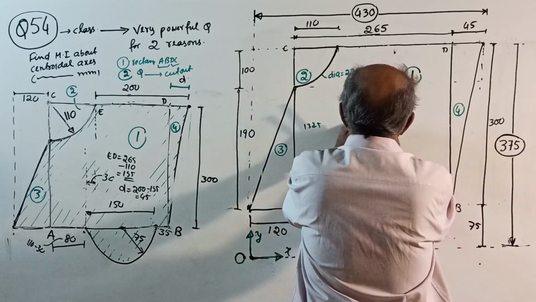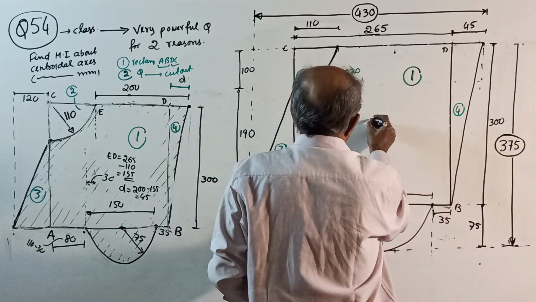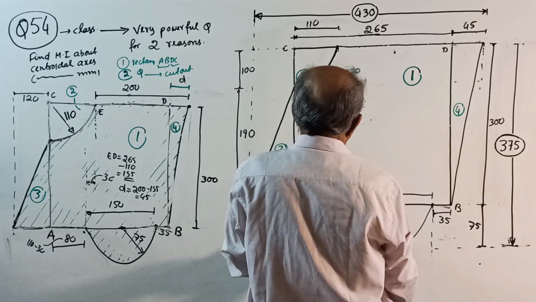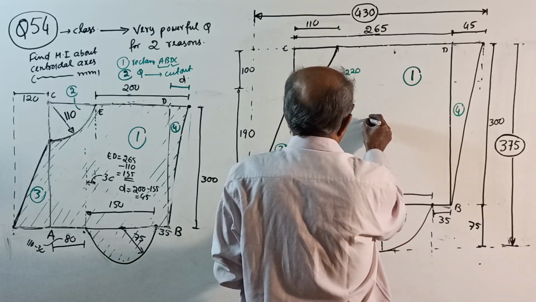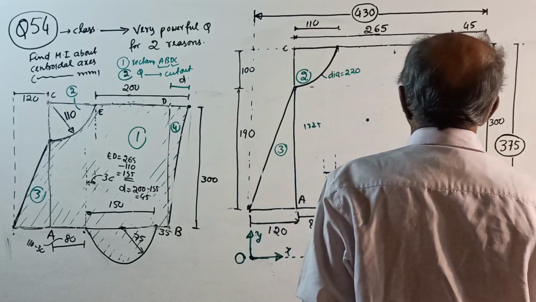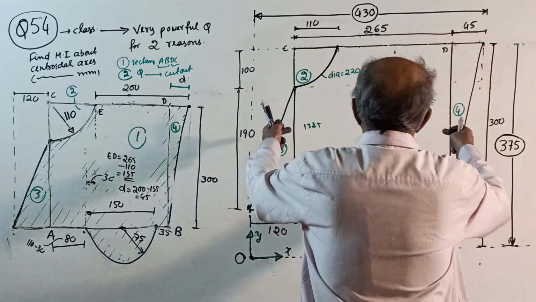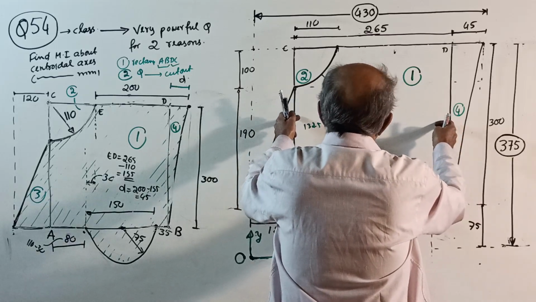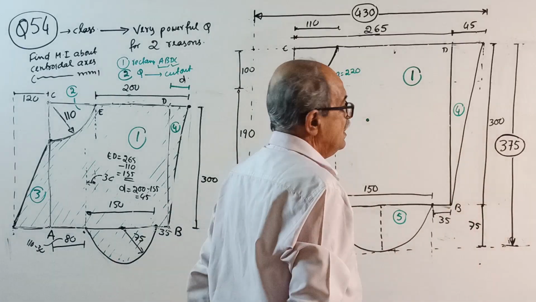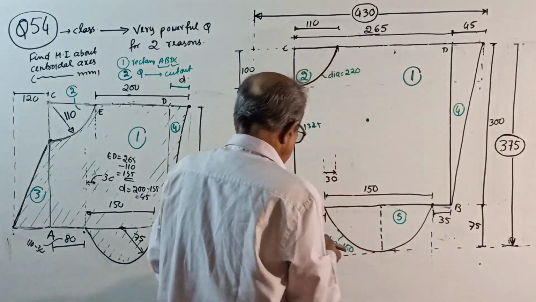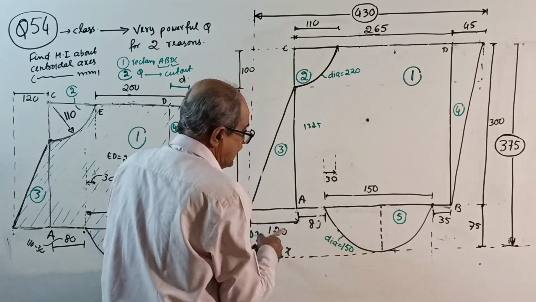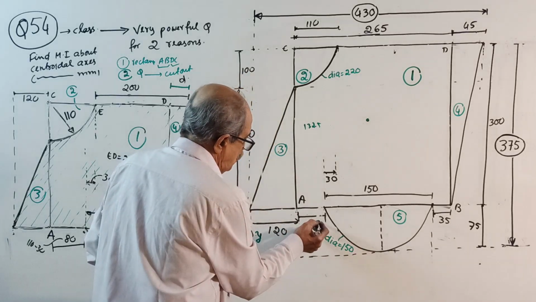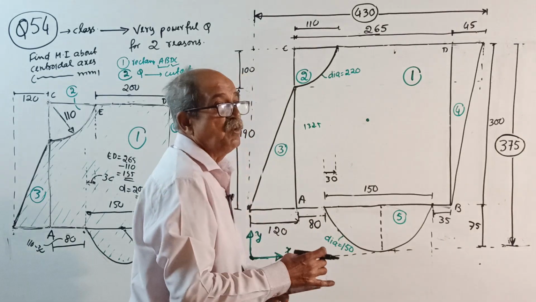Somewhat reasonably I will mark here. Okay, a little this side. Agreed. See, these two are equal, remember. Both are half of 265. To write this sketch, I took nearly 1 hour.